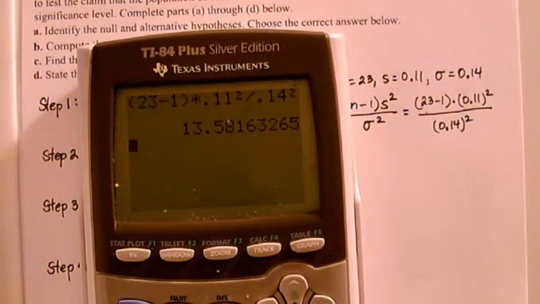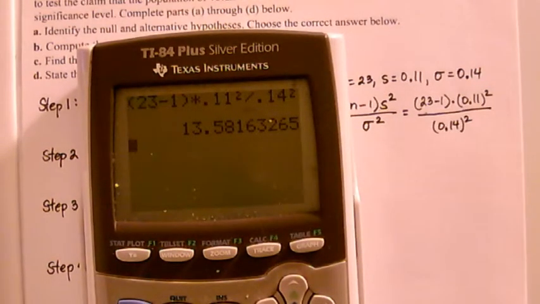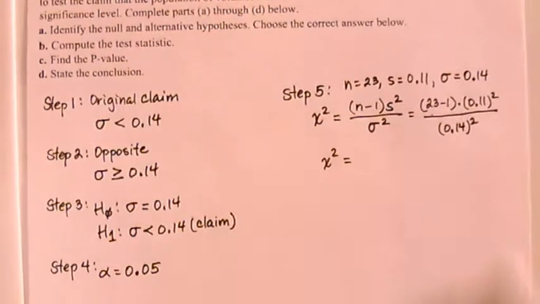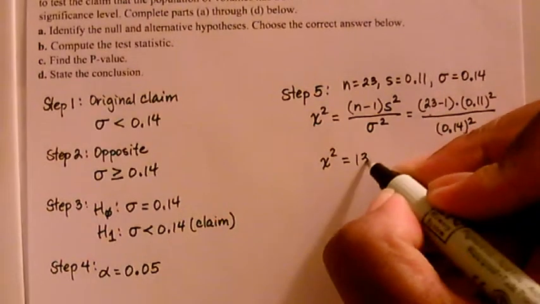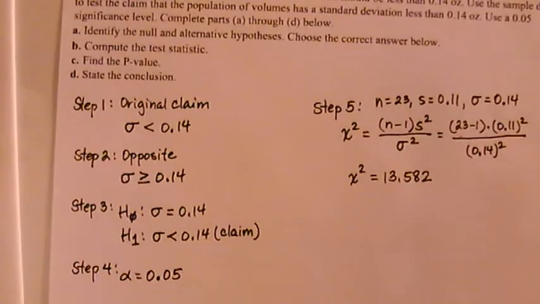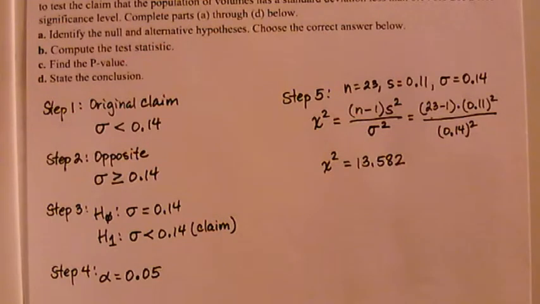Now we're going to round this off to 3 decimal places. In this case, it's going to be 13.582. To 3 decimal places, your chi-squared test statistic is 13.582. Okay, and that's part B, computing your test statistic, 13.582.